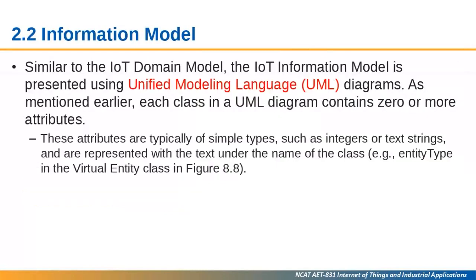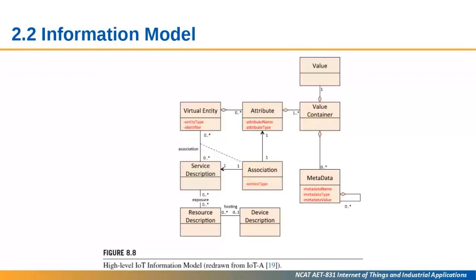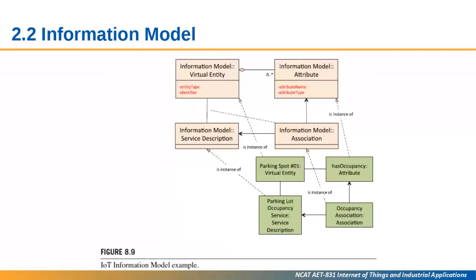Once again, we use the unified modeling language diagram to illustrate. For example, the resource description is both a resource and a service, right? And the service is associated with the virtual entity.